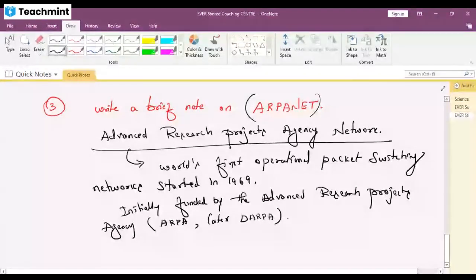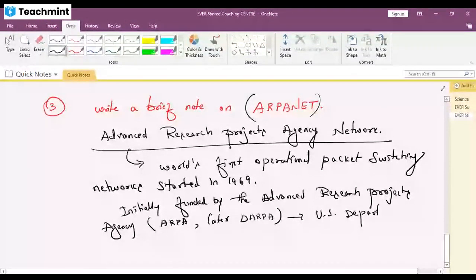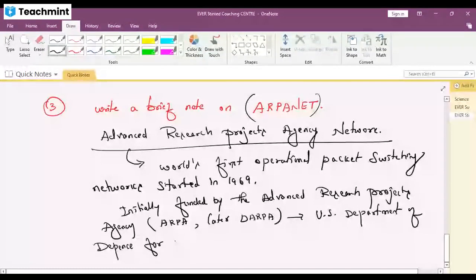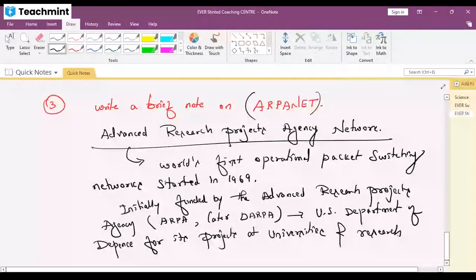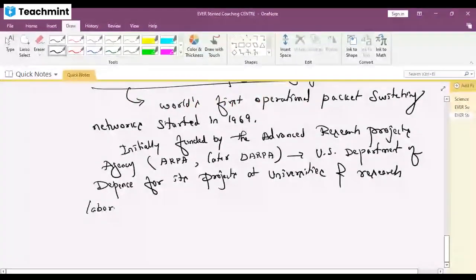Within the US Department of Defense, for its projects at universities and research laboratories in the US.